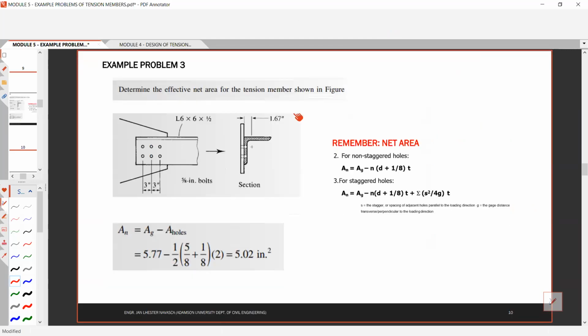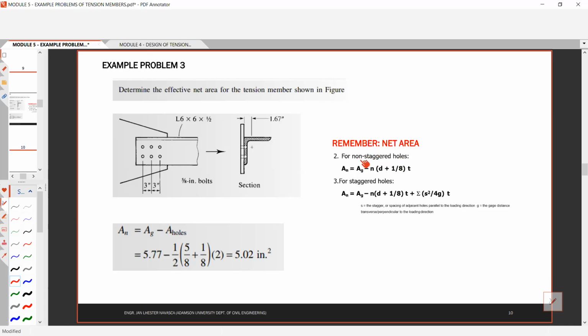Okay, so next problem. Problem 3: determine the effective net area for the tension member shown in the figure. According to the formulas for staggered and non-staggered holes, remember the net area.